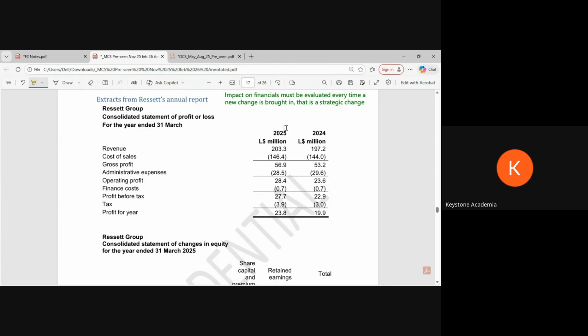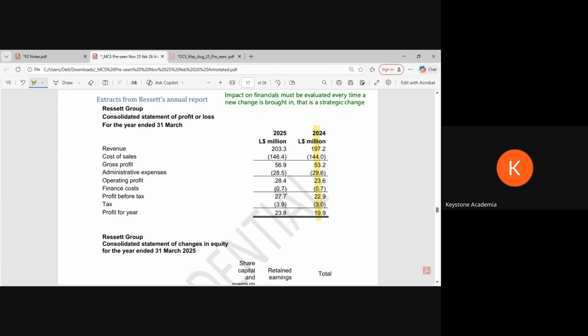Imagine that this doesn't exist, only this is there. Then it would have been difficult for us to say whether 203 was a good revenue or not, isn't it? But now, as we see 197, we can say, okay, that's better, because we are comparing.